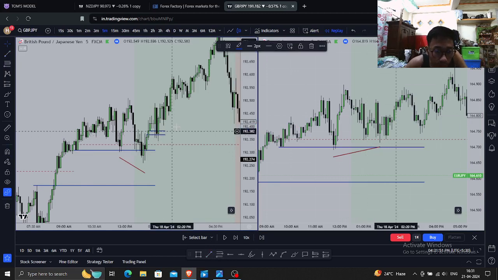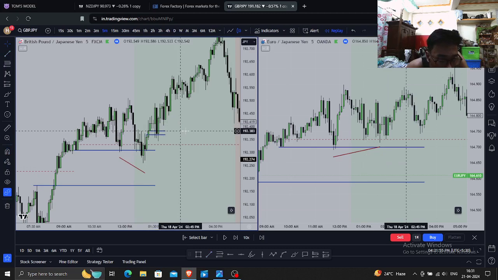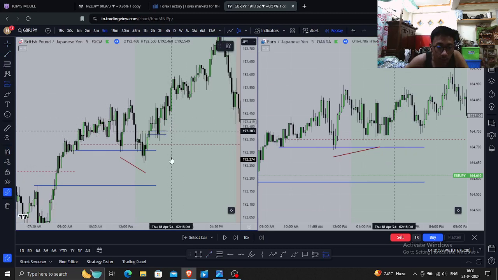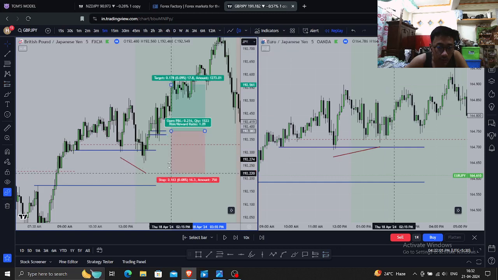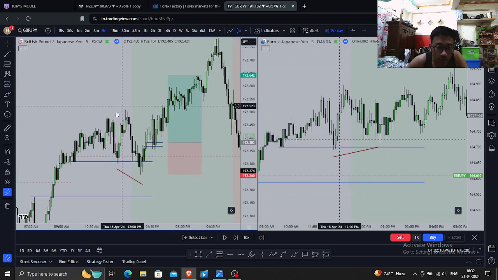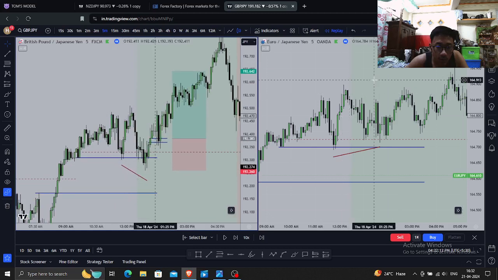Here, fair value gap, so I took my trades here, putting my stop loss here, and then targeting 1 to 2. Yeah, so this is how I took my trade.